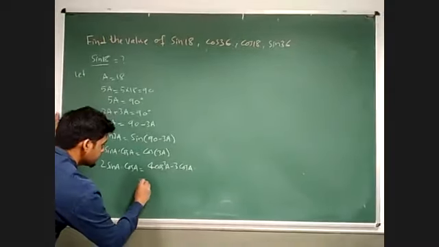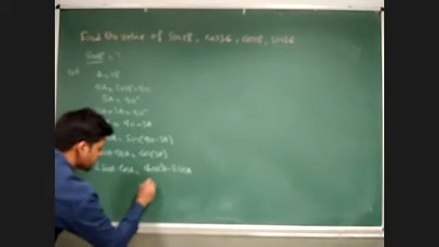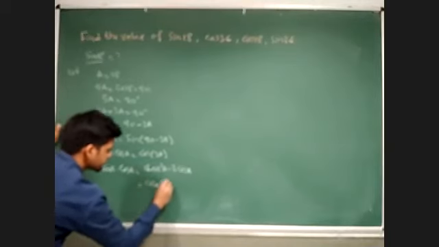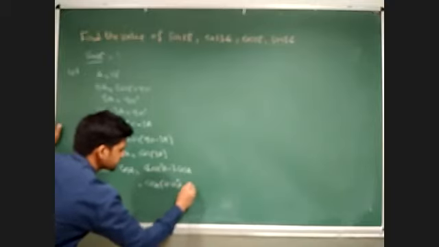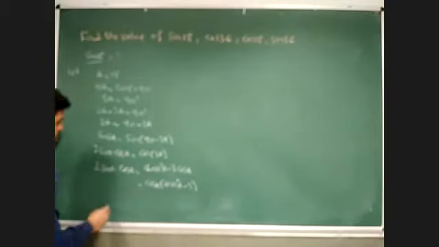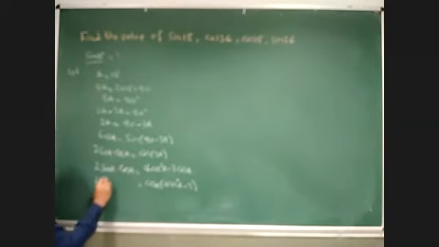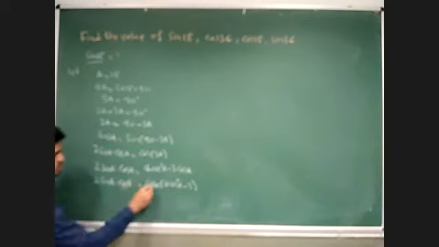Now I am taking cos A common: cos A times 4 cos square A minus 3. On the left, sin A into cos A, this cos will get cancelled.